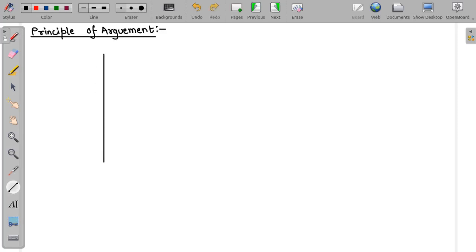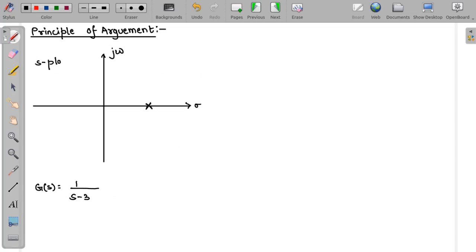So here we will be taking the S plane. Okay, let us take the S plane. So this is sigma, this is j omega. So in this, suppose we have a transfer function that looks something like this: S minus 3. That means we have a pole over here. Okay, this is your S plane.